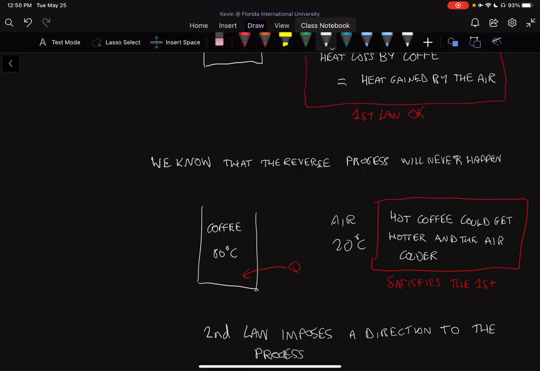In this case, we know from experience that if we have hot coffee and cold air, the coffee is going to get colder, and the air is going to get hotter. We know the opposite is not possible. However, technically, this satisfies the first law. So it is technically possible using only the first law to prove that that is correct. And that's why we need the second law.